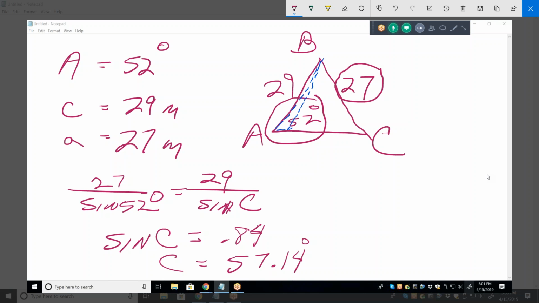What is the other solution for C besides 57.14 degrees? Where else is the sine of C equal to 0.84? What is supplementary to that angle?